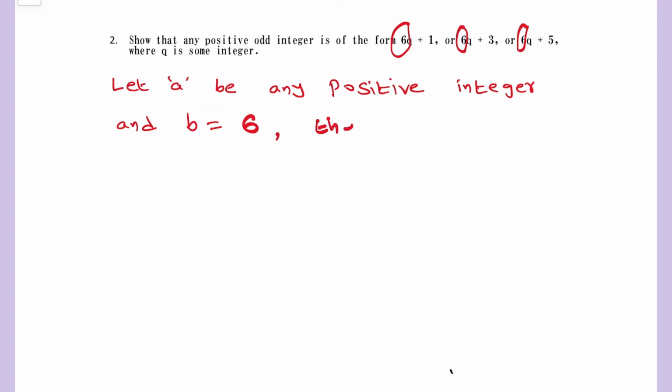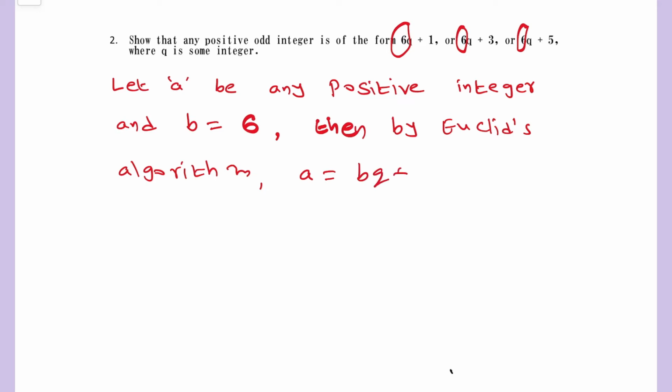Then by Euclid's algorithm, what does our Euclid's division algorithm say? a equals bq plus r, right? So now a is some integer we took already in the first line itself, so that's why I'm keeping that a as it is, equals the b value, I know it as 6, right?